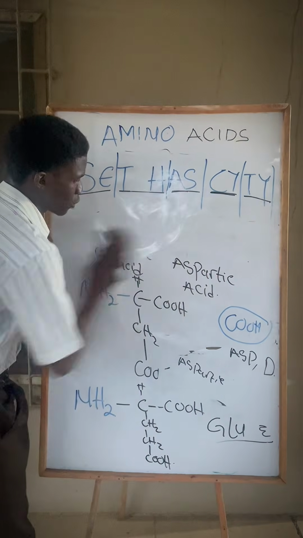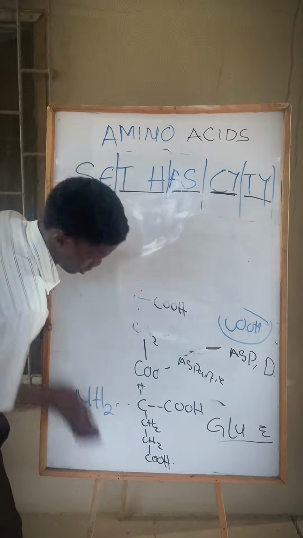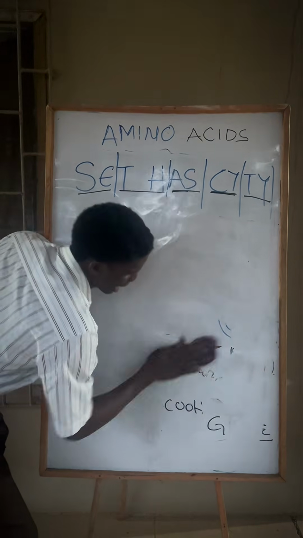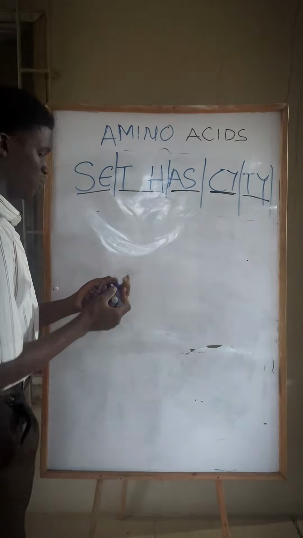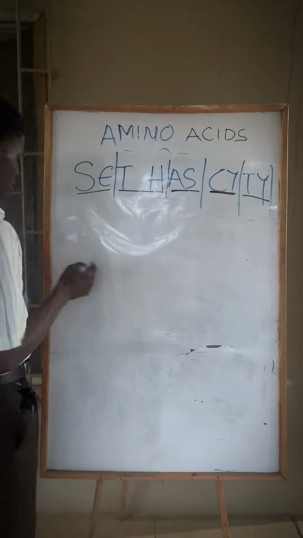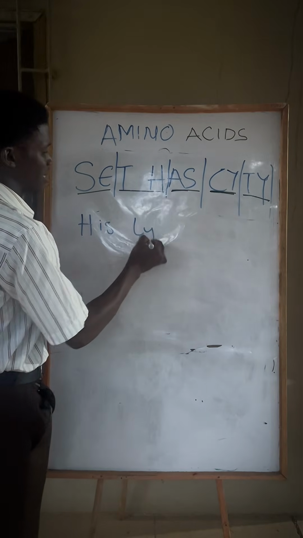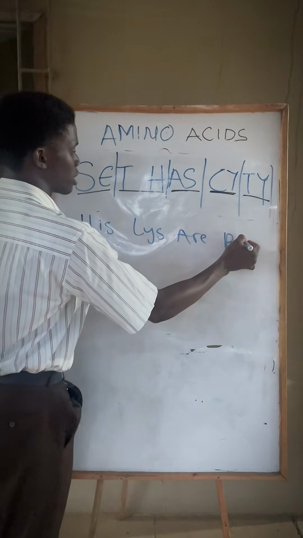So the structure of the basic amino acids. Please, is this thing clear again? It's still clear, right? Thank you. So now let's move to the last part, the basic ones. His lies are basic. Very simple guy. His lies are basic. The guy doesn't lie too much actually.